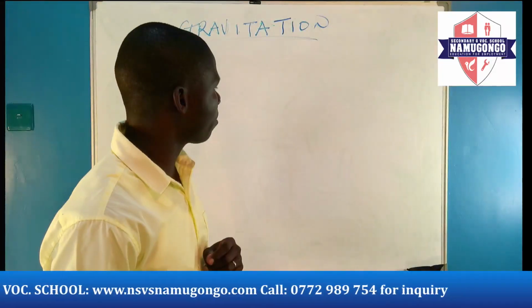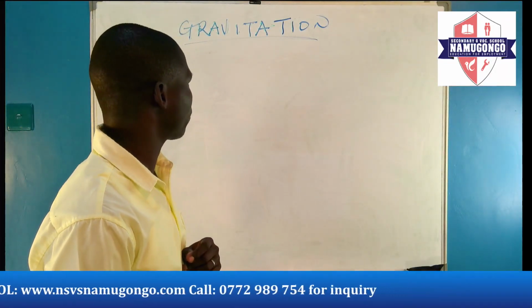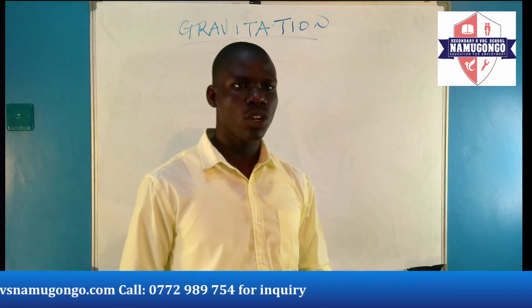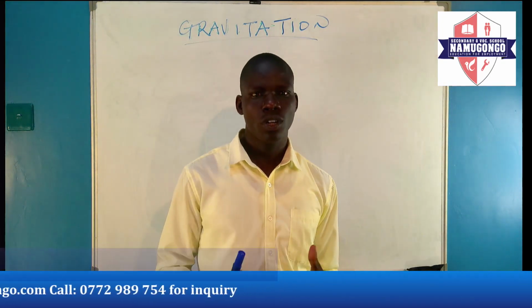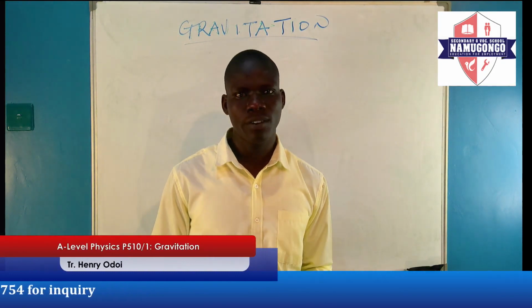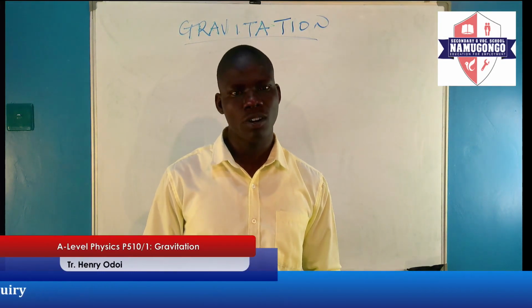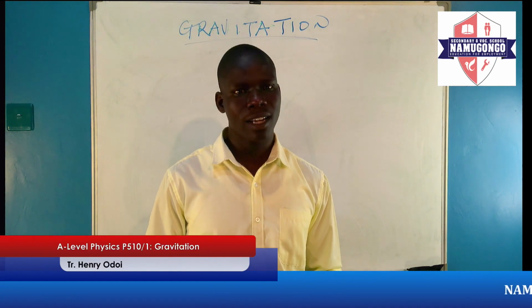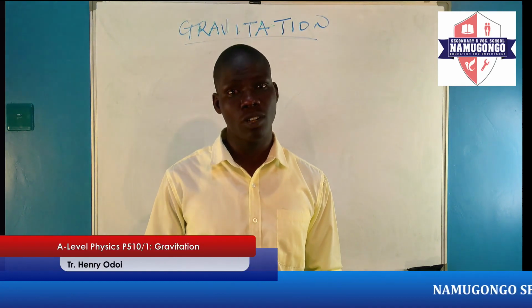Now, in this second lesson that we have started, we are going to look at how to use Newton's law of gravitation to verify Kepler's third law of gravitation, not motion.